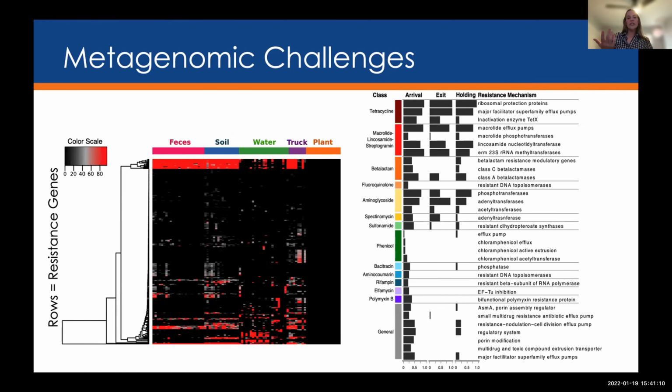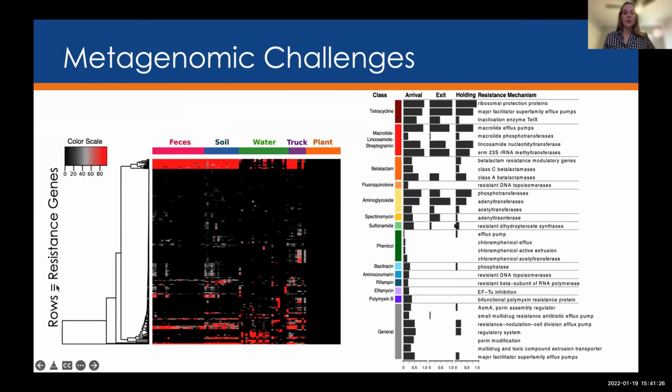But you're also going to see extremely low abundance regions. If you look at plant, for example, we were unable to detect a single AMR gene or mechanism within that collection of samples.